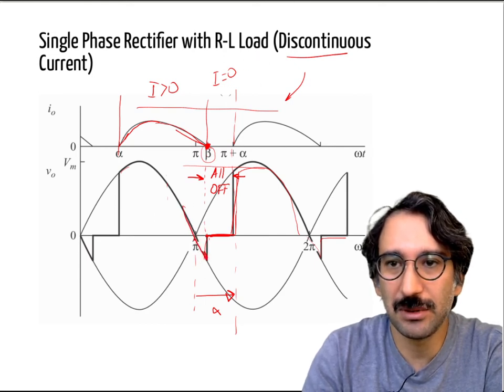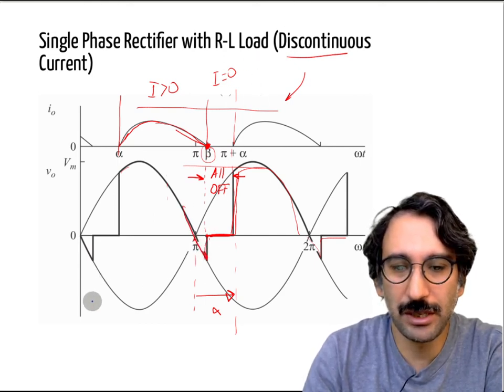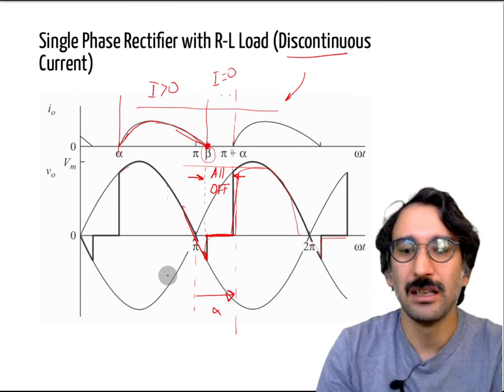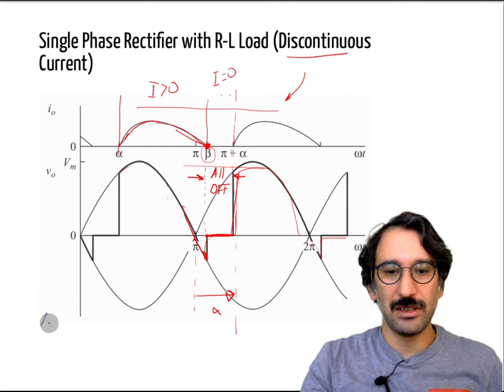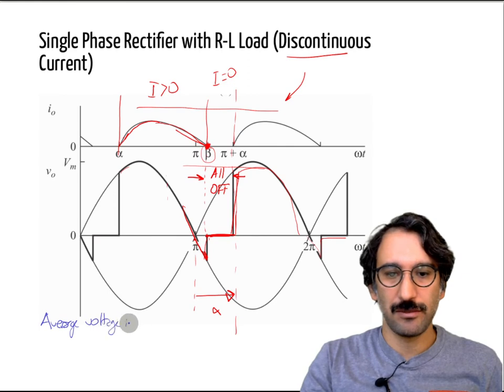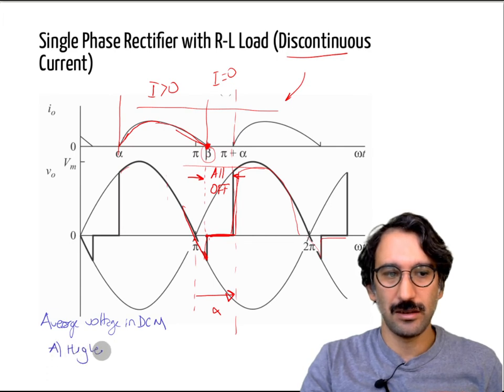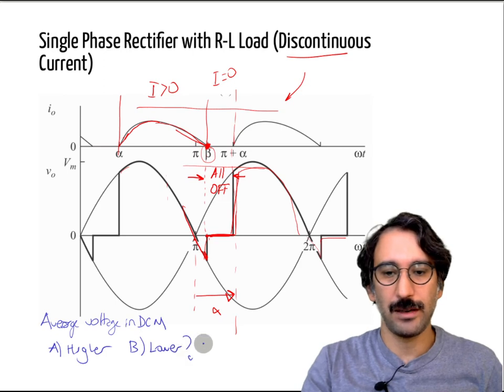And again, let me ask it that way: compared to continuous conduction mode, is the average voltage in the discontinuous conduction mode higher or lower, right?